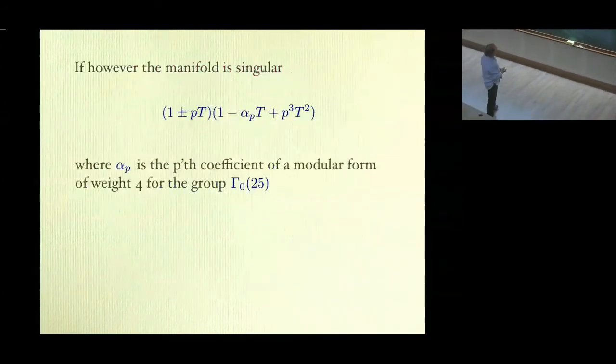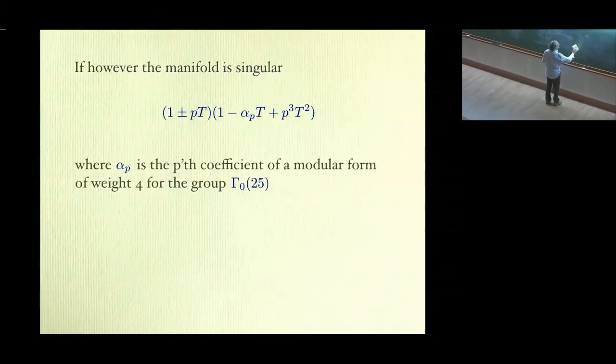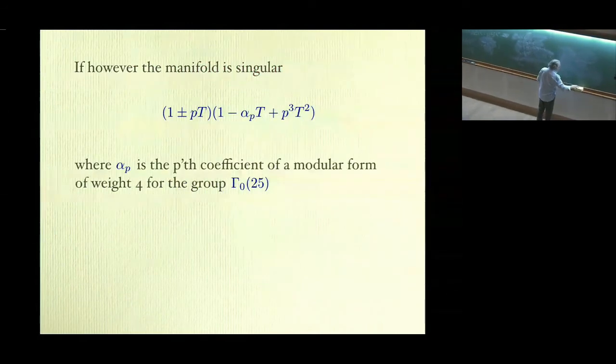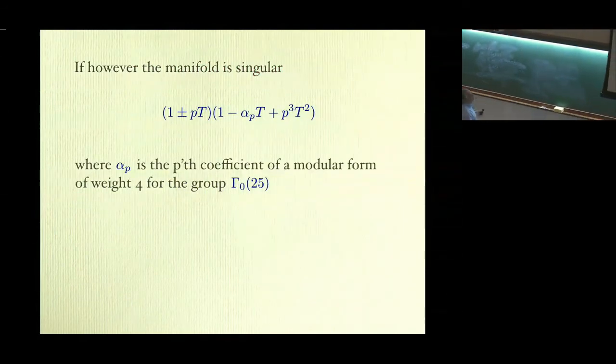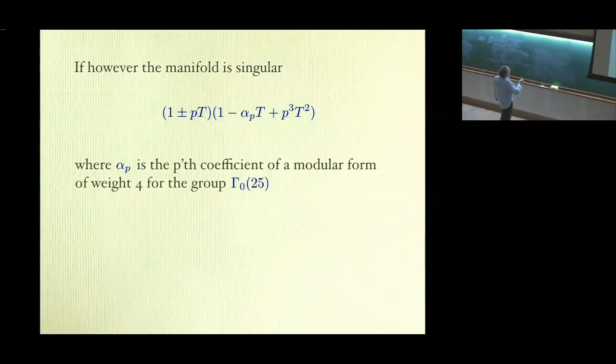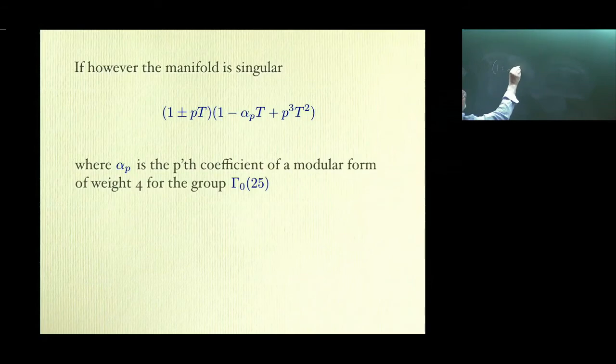Suppose now that the manifold is singular, so you have a conifold: you choose a value of the parameter such that the manifold becomes singular, and the interesting quartic factor degenerates. First of all, it becomes cubic, and then it factorizes, so you get (1 plus or minus pt)(1 minus alpha pt plus p cubed t squared).